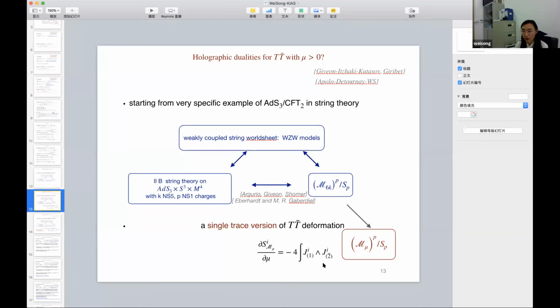Alternatively, one can consider doing the ordinary double trace TTbar deformation to this symmetric product CFT. That way, you would be summing over I and J. So in that sense, this deformation is a single trace instead of a double trace deformation.